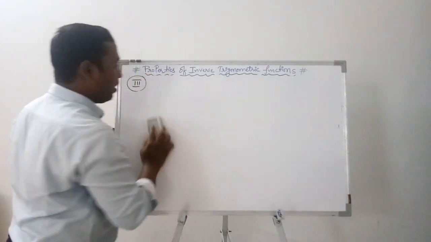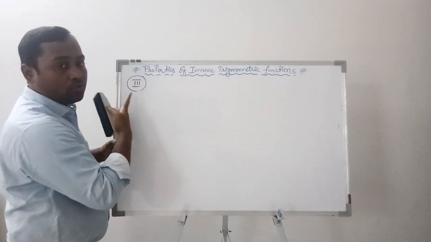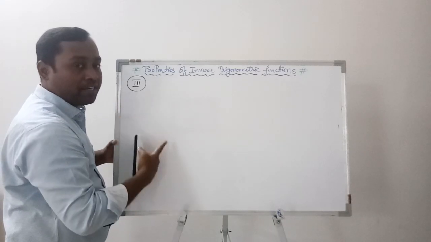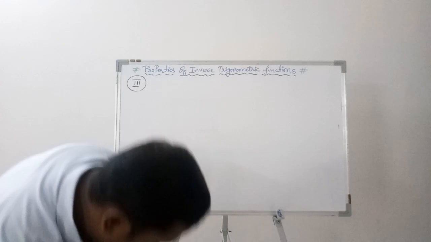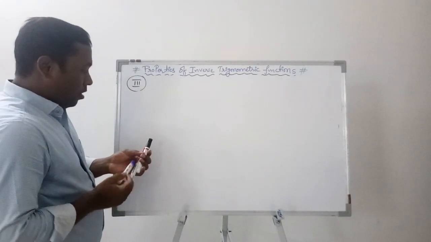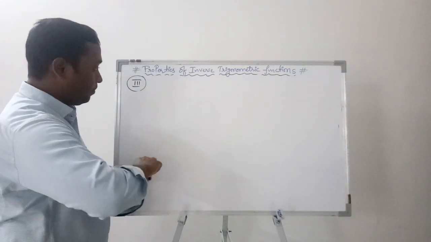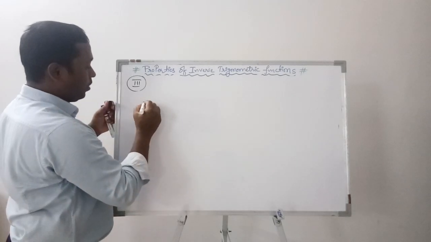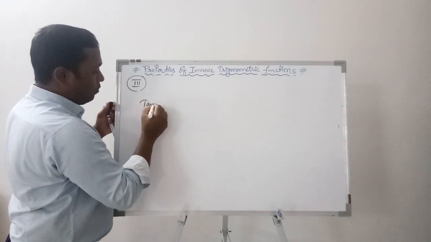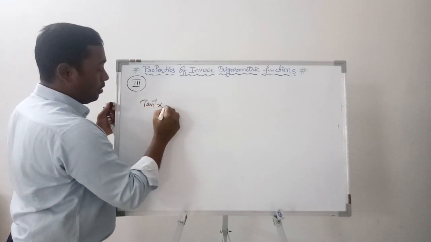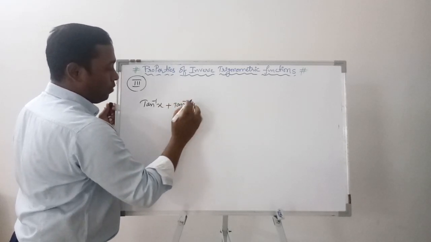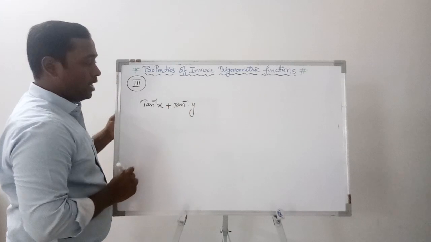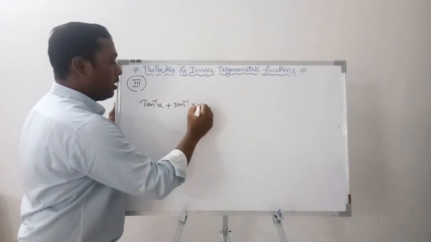These all come under the third category, because we are dealing with the sum or difference of inverse trigonometric ratios. Now what we have: tan inverse x plus tan inverse y.